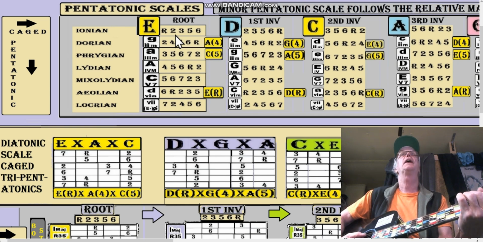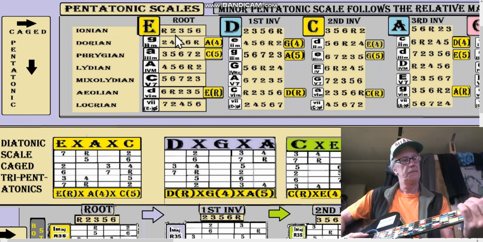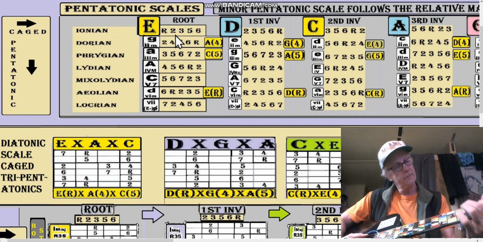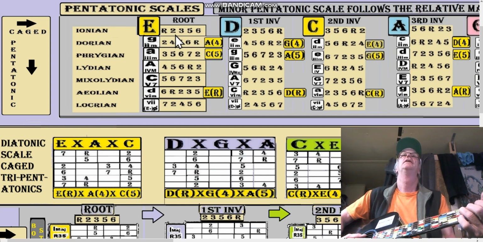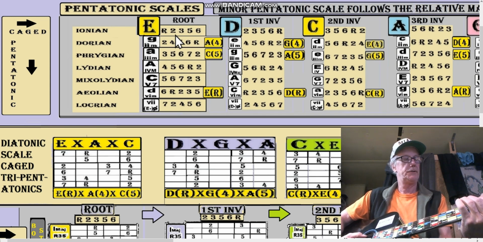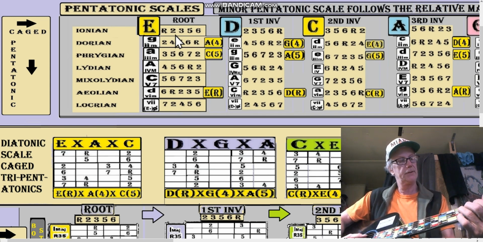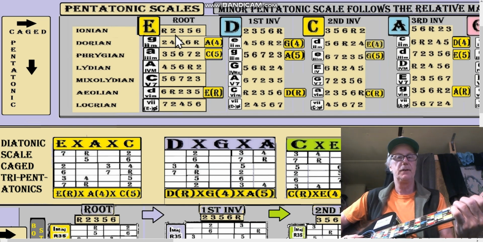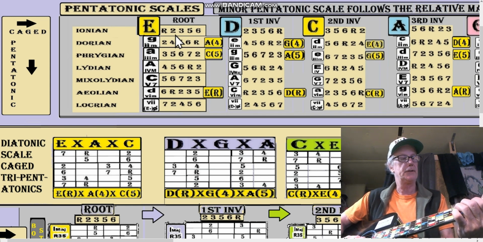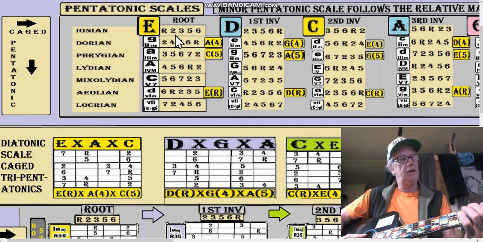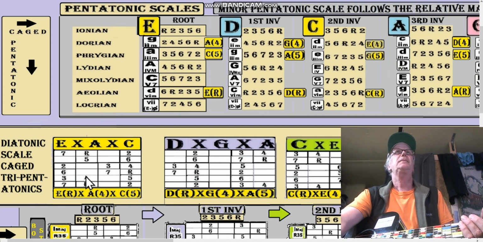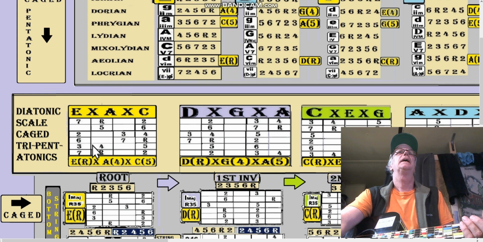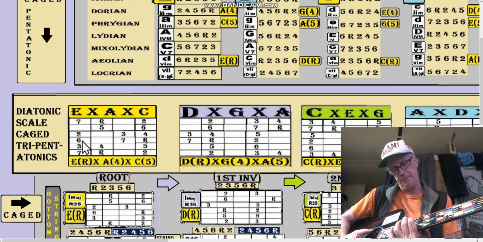You can get the second, but I can't get the third or the sixth of that E. 1, 2, 3, 4, 5, 6. Okay, 1, 2, 3, 5, 6. We don't need the fourth in a pentatonic scale. With the E here we got root, 2, but can't get the third or the sixth in that pentatonic scale. So I play it up here and I can get it.